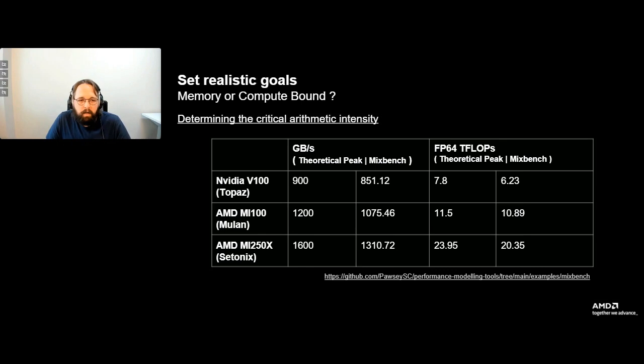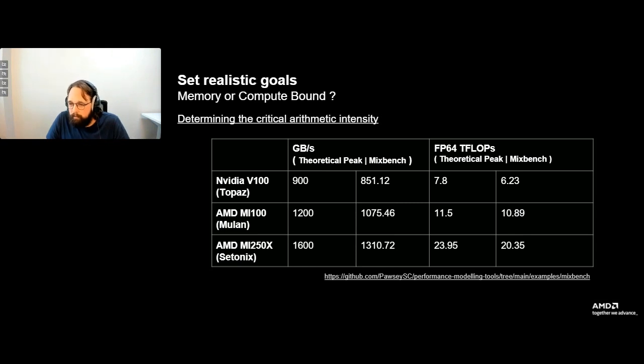In the two columns on the left for each of these groups, for the bandwidth and the compute performance, we have what's reported in the vendor white papers. So those are the theoretical peaks. And then we have the Mixbench measured microbenchmark numbers. As I said before, the Mixbench numbers are just a little bit smaller than the theoretical peaks, but this is to be expected.